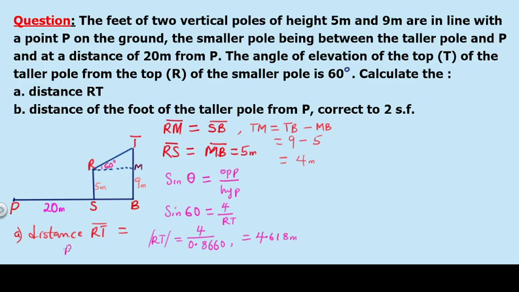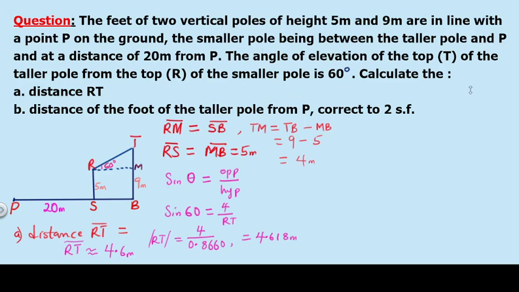Hence, the distance RT is approximately 4.62 meters. If you are to approximate that to two significant figures, that's 4.6 meters. That's the value of the distance RT.